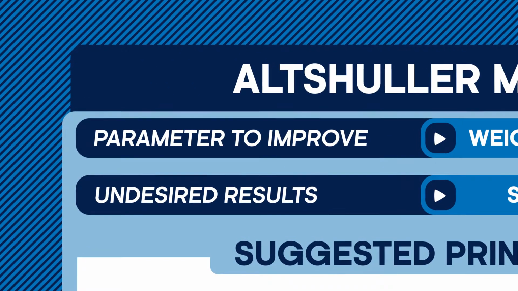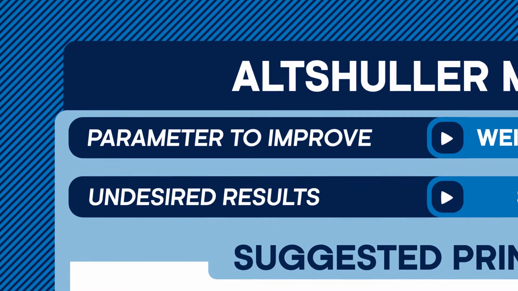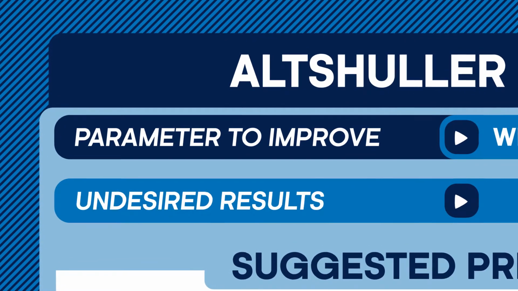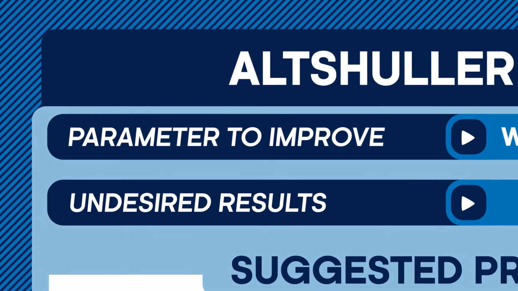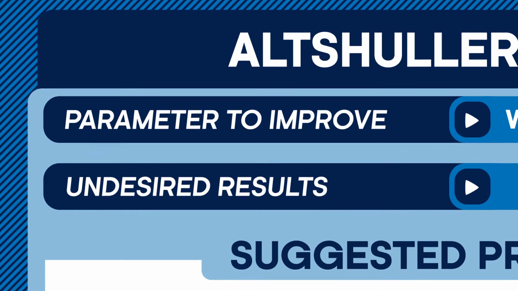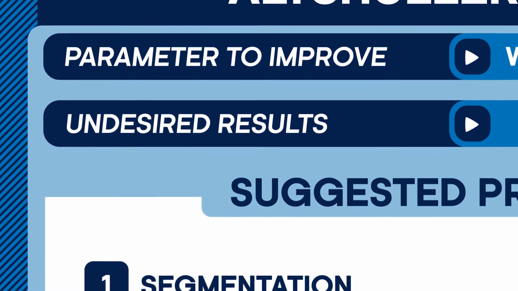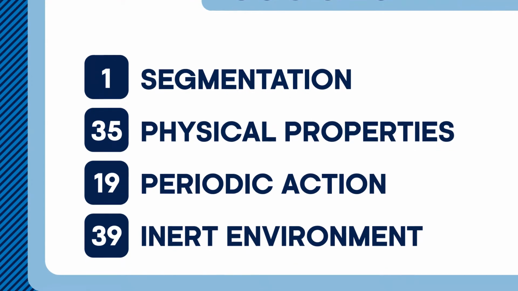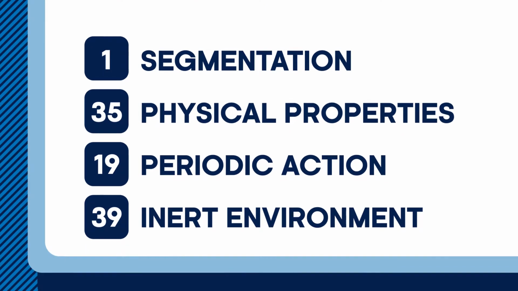Also, it should be noted that the contradiction matrix couples the parameter to improve with the undesired characteristic change and there is no input from the desired characteristic. So it is up to the user to see if the proposed principle then contradicts with the desired characteristic, in which case this principle should be clearly avoided or solved later.